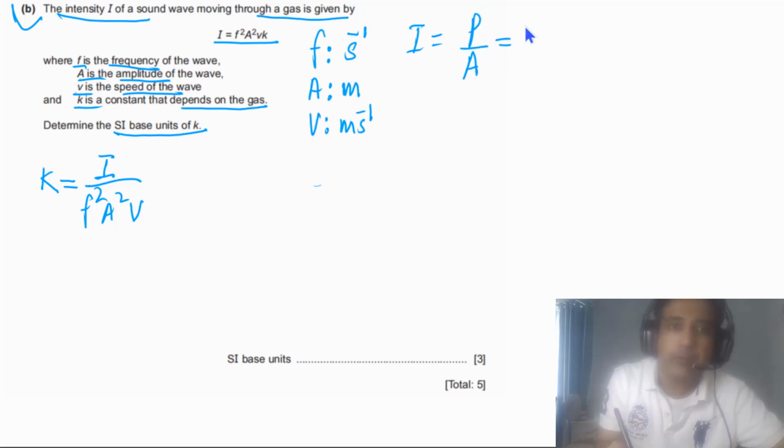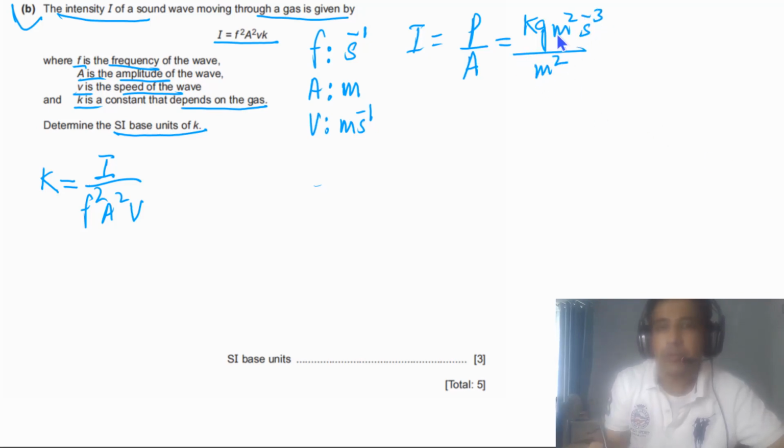For power we have already derived the SI base units, kg m² per s³, and for area it is m². So we can cancel m² with m², and we are left with kg per s³.